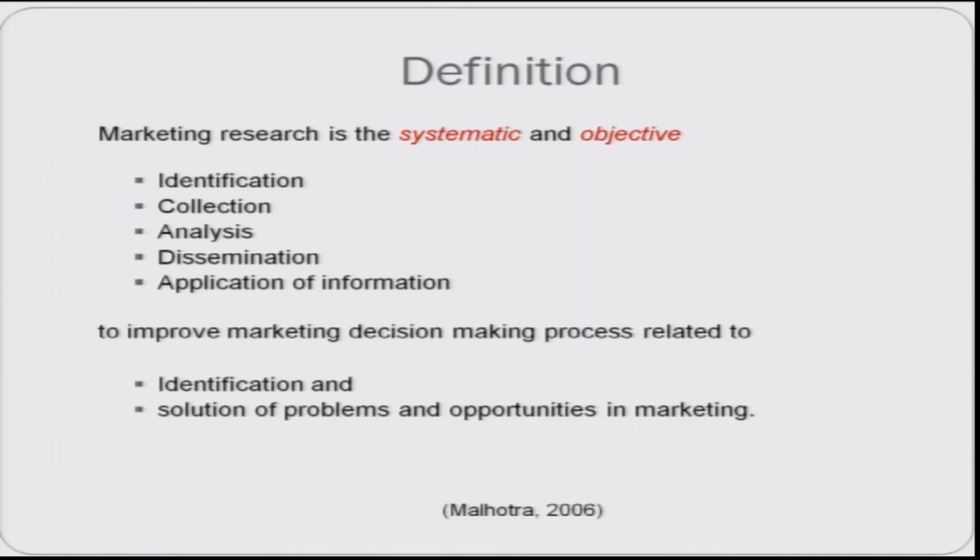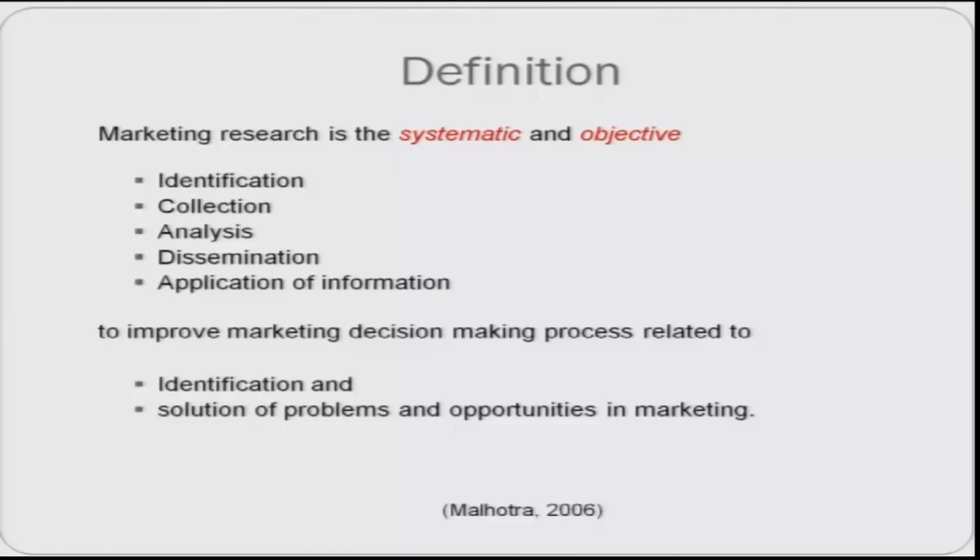As you have seen, marketing research is an objective and systematic process. It is systematic because it is performed in a sequential or ordered manner. It starts with the identification of the information needed. Then you collect the information required, analyze it, and disseminate it to your decision makers in a form that is understandable to them.